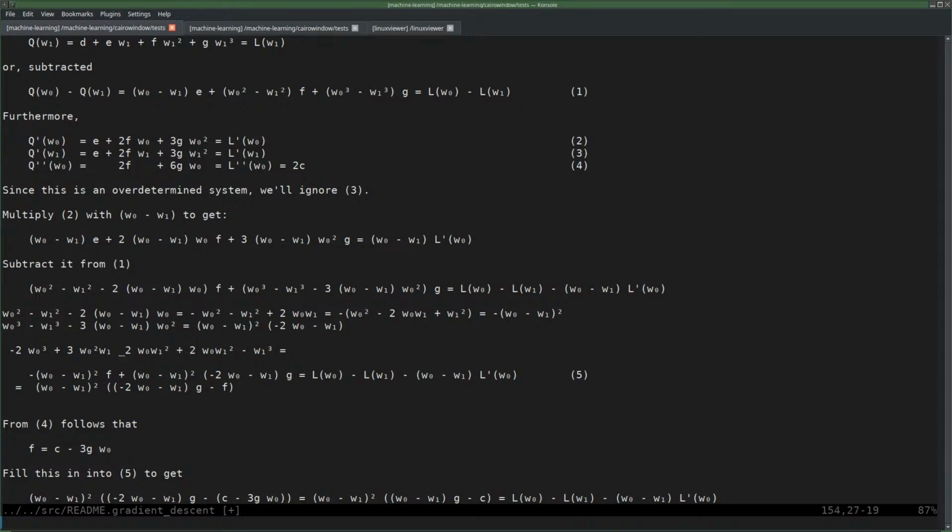So that drops out. So we can write this as that. But then I have to subtract 3 times W0 to the power 3. Yeah, that one is here. And then still this factor term.